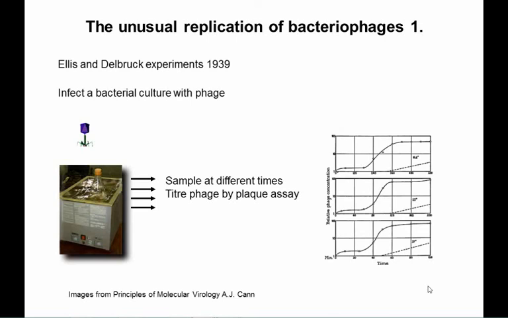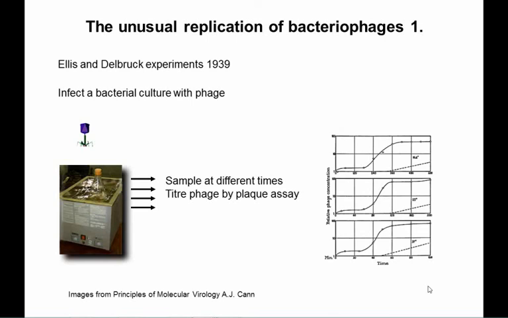You get an agar plate, and what you put onto the agar plate is a mixture of your viruses and non-infected E. coli. You put that onto the plate in soft agar.